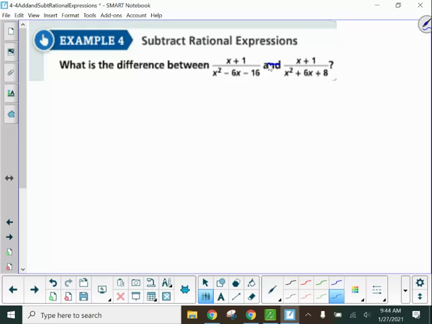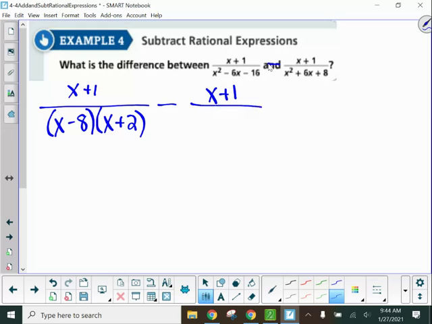I do have to go through, just like in the last one, and factor my denominators and figure out what my least common denominator is going to be. So this is x plus 1 over, this is going to factor into x minus 8, x plus 2, and then I'm subtracting from that my second fraction, which has x plus 1 on the top, x plus 4, x plus 2.